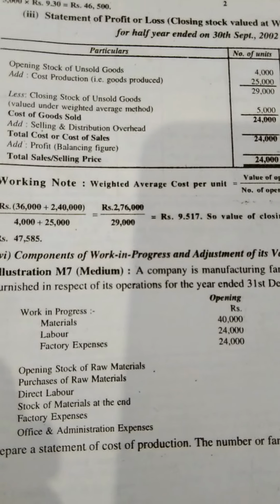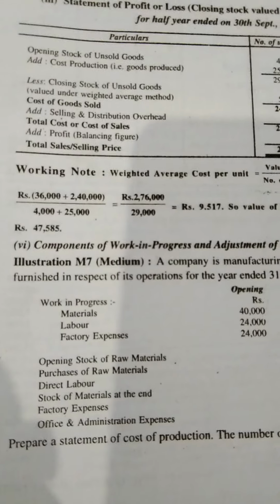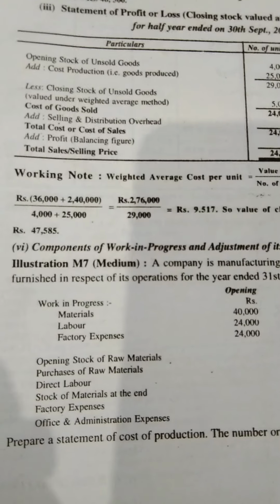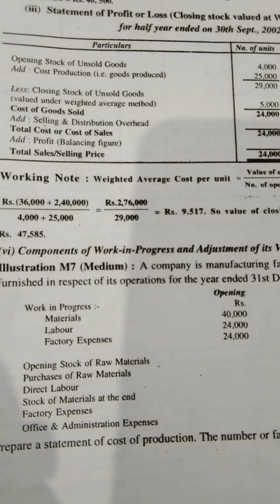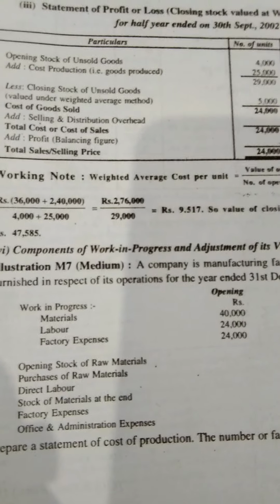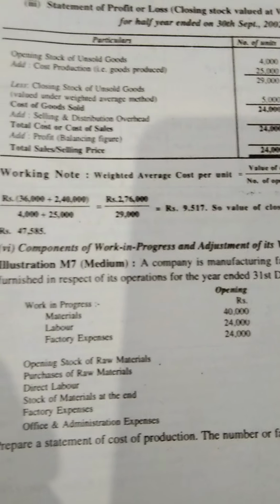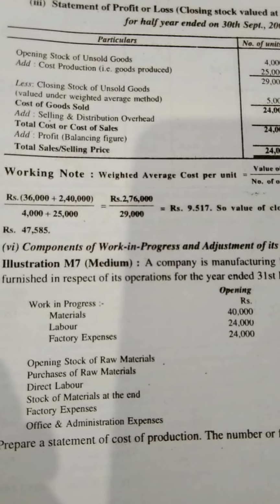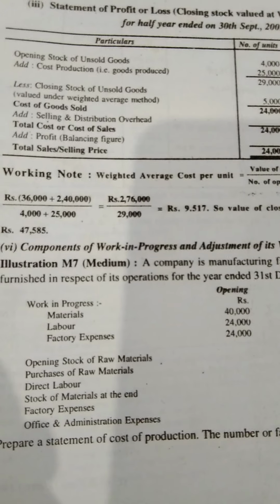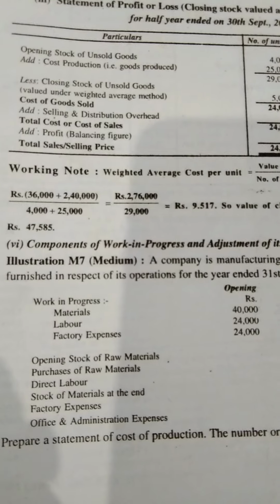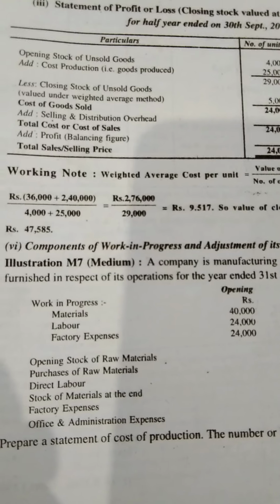In a simple way I am telling what the value will be. In this way you can also remember: the value of opening finished goods plus the value of cost of production, divided by opening finished goods plus current production.